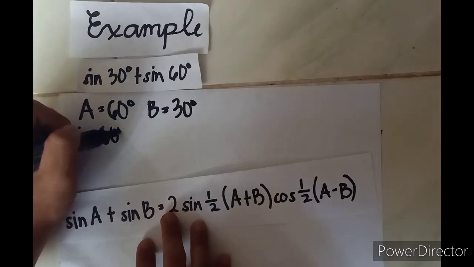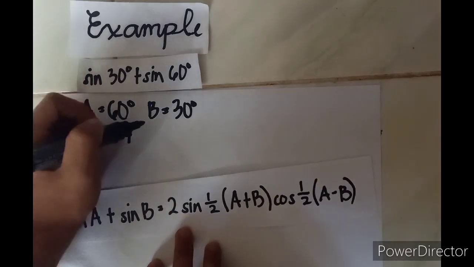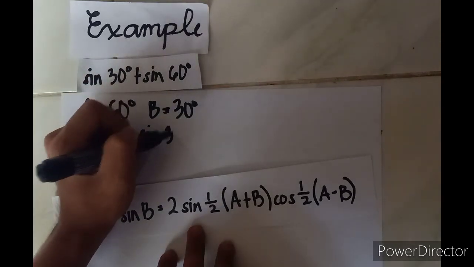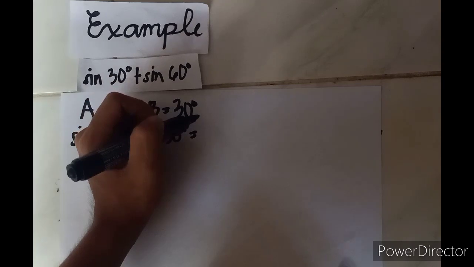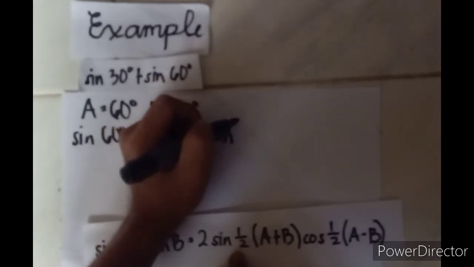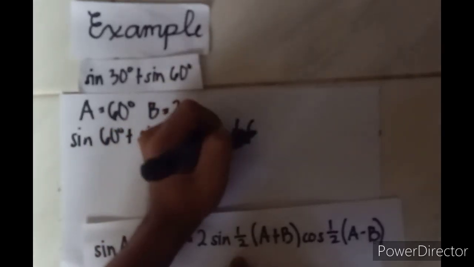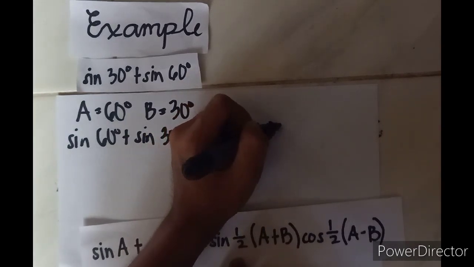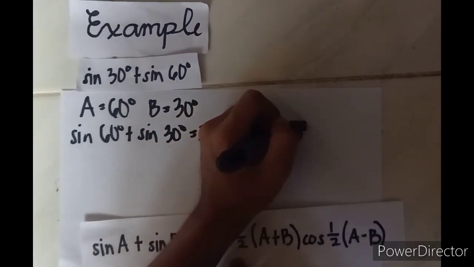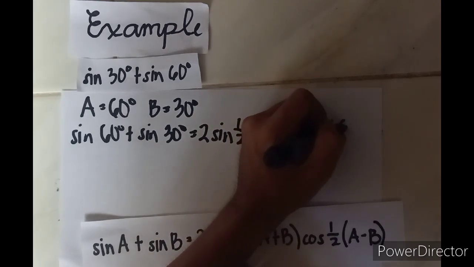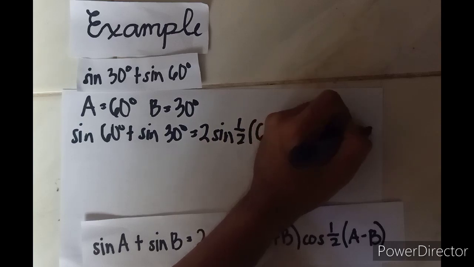Then we are going to put the values of the angles. Sine 60 degrees plus sine 30 degrees equals 2 sine 1/2 times 60 degrees plus 30 degrees, and cosine 1/2 times 60 degrees minus 30 degrees.